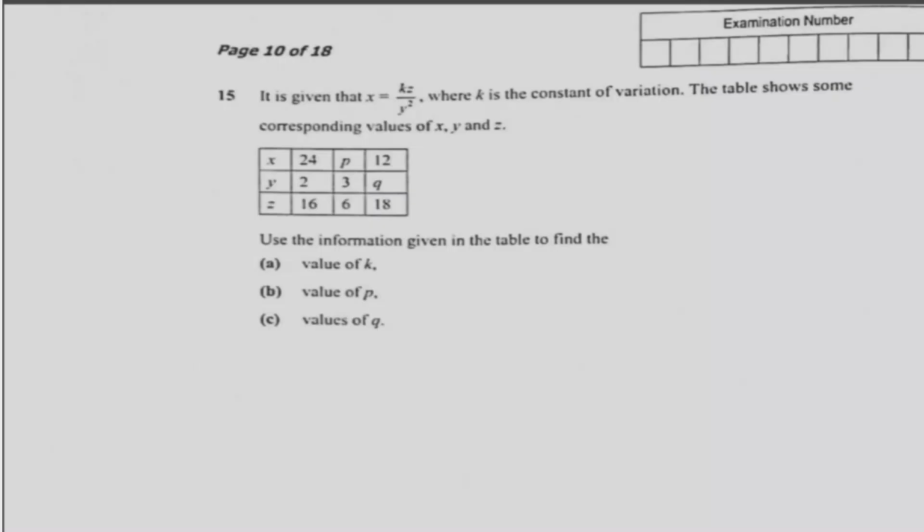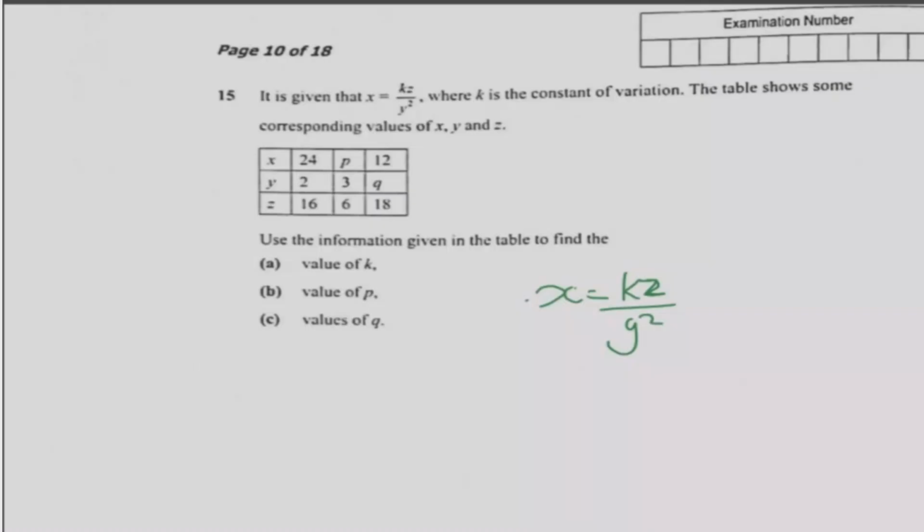Okay, so how do we find the value of k? Already we are given the formula that connects the three items, which is x, y, and z. So the formula is x is equal to kz over y squared.